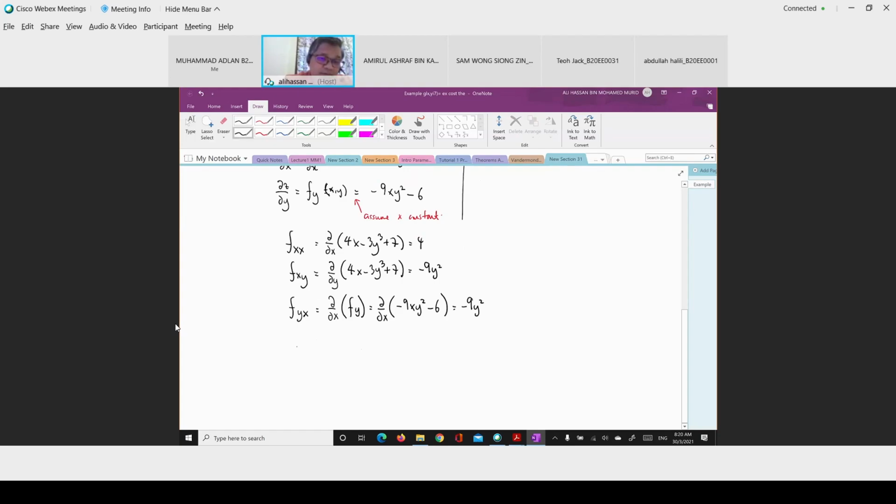Then we have another second order partial, f partial y partial y. This means we want to differentiate f partial y with respect to y.